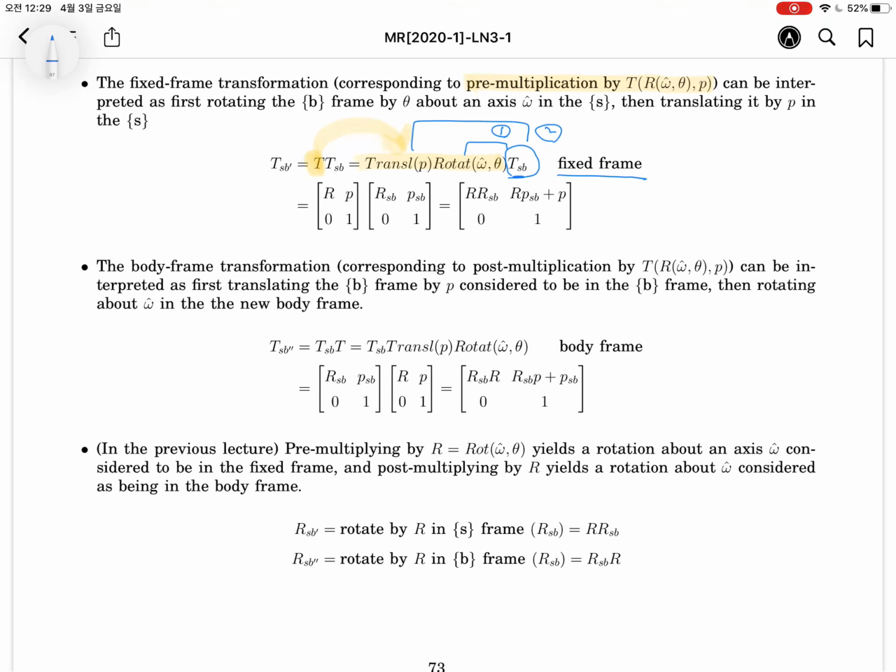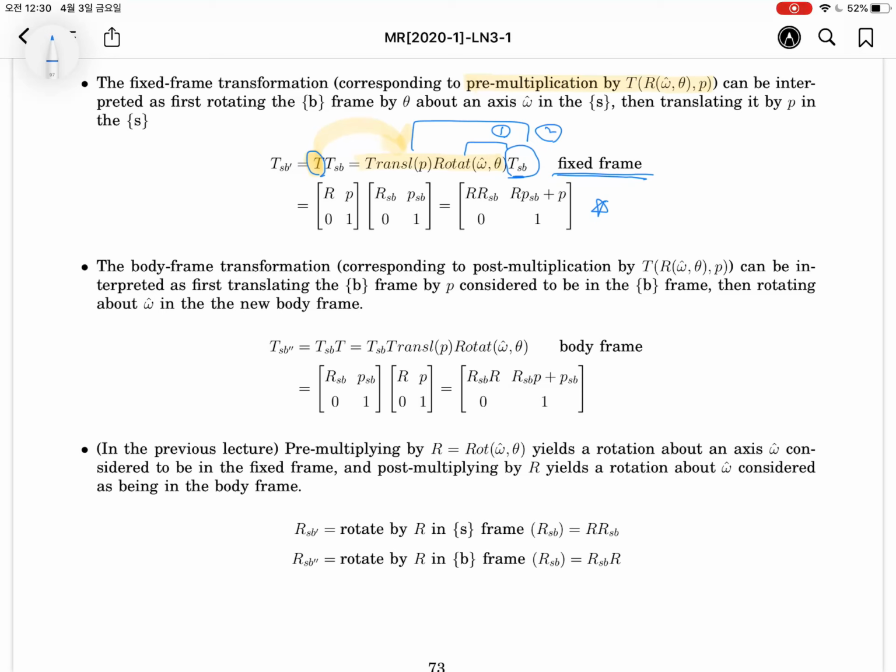So pre-multiplication brings the result that first rotating the frame by theta about the axis omega hat in the S frame, and then translating it by the P vector in the S frame. We should keep in mind pre-multiplication will bring all the transformation achieved in the fixed frame, the S frame. Okay, this is the result.